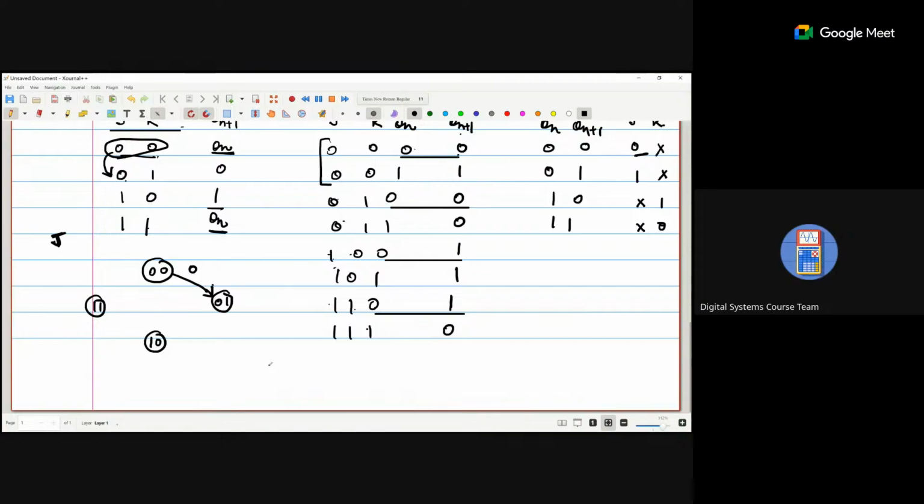From 0 1 we go to 1 0, and the input of J is 1. From 1 0, we go to 1 1, and the input for this one is either 0 or 1. So we consider that it is either 0 or 1. And 1 1 will go again to 0 0 when the input is don't care, either 0 or 1.